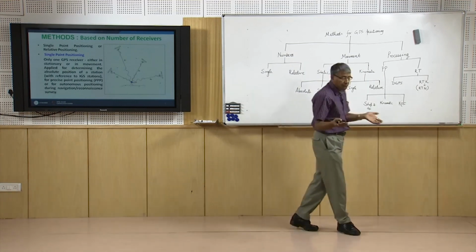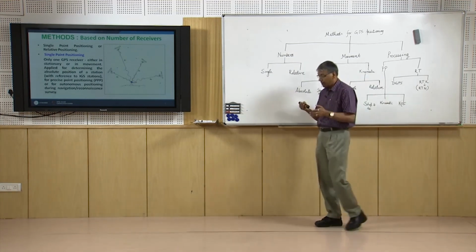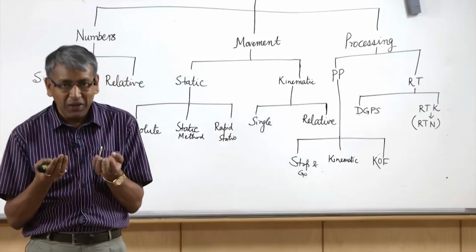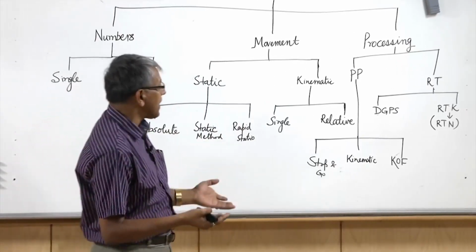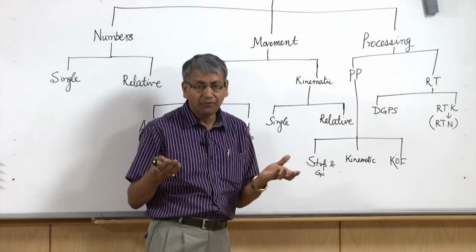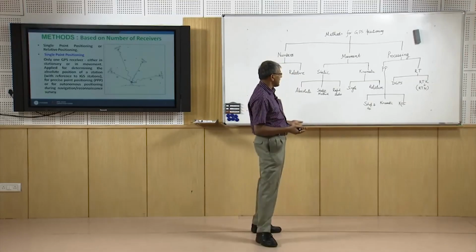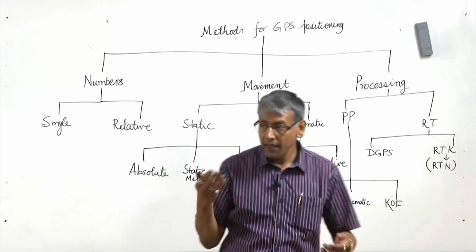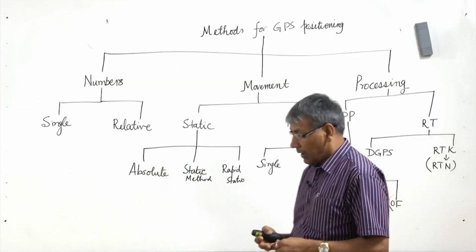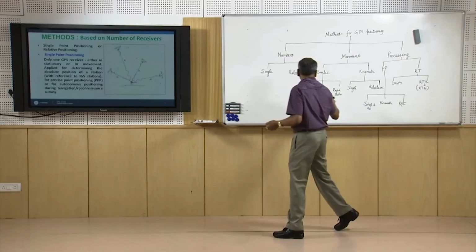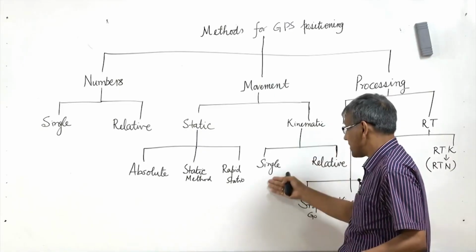Most of us who have a mobile with GPS generally make use of our mobile for navigation purposes, specifically in a city area or in an area where you do not know the way to move around. So that is called autonomous positioning.